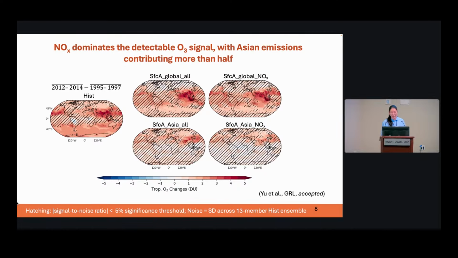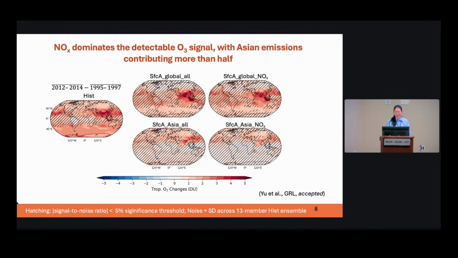So you can see that the impact of the global NOx emissions clearly emerged from the internal climate variability near the Asian surrounding regions. But the Asian emissions are notable in Asia and also the Europe regions, but in the tropics, it's basically the emissions from Southeast Asia instead of the South plus East Asia that we use for this study.